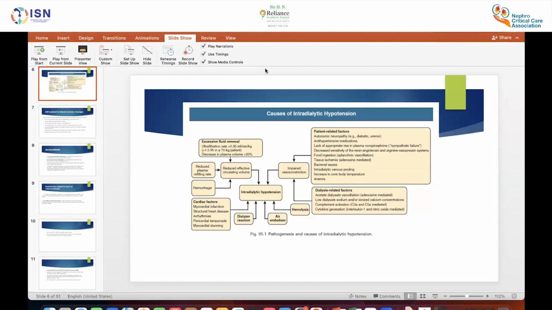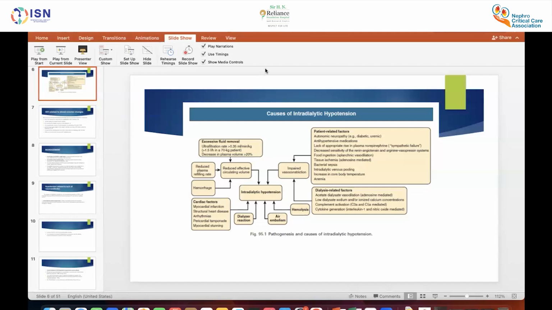When we are talking about total body water, how is it distributed? Like you said in the example of dialysis disequilibrium syndrome, there is an intracellular component and an extracellular component, and the extracellular component is divided into an interstitial component and an intravascular component.